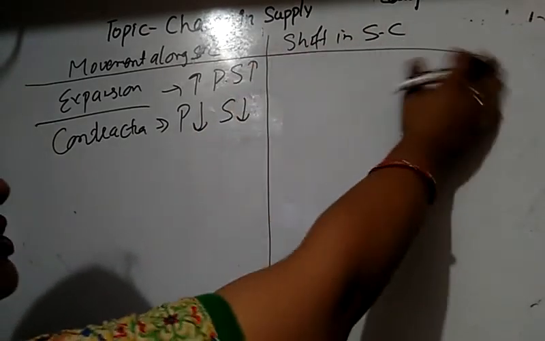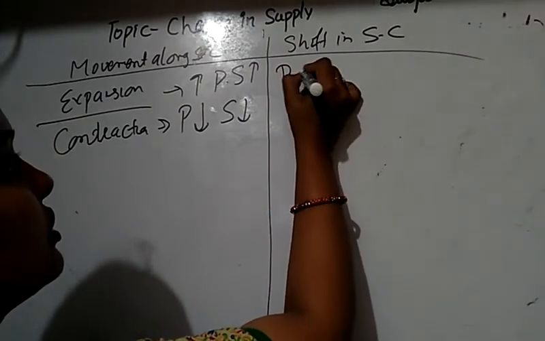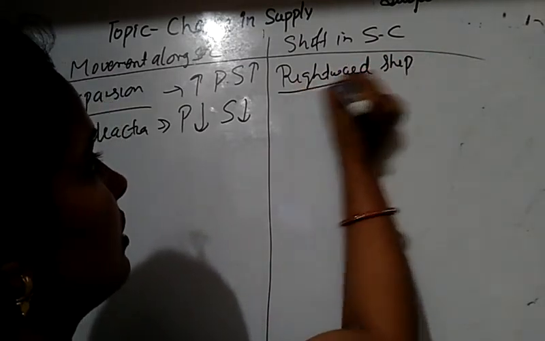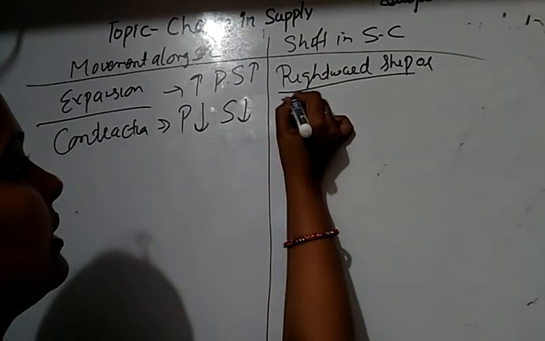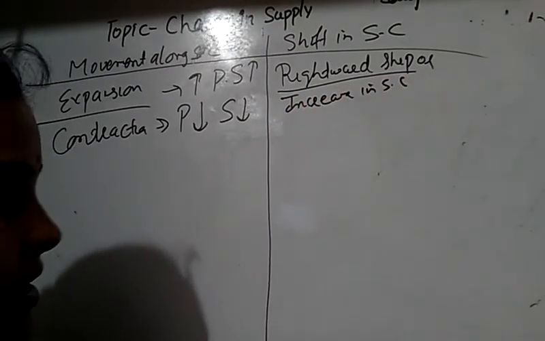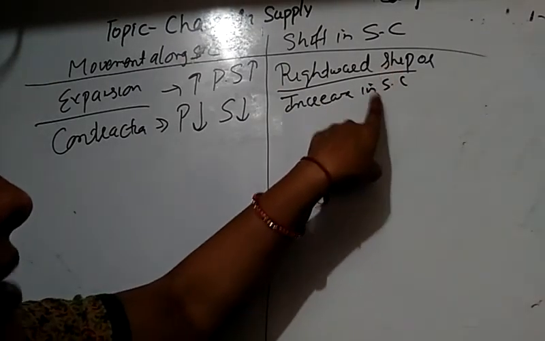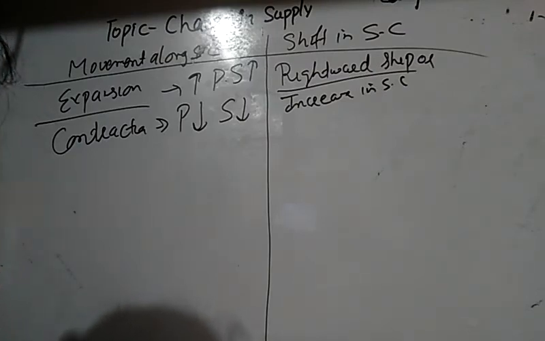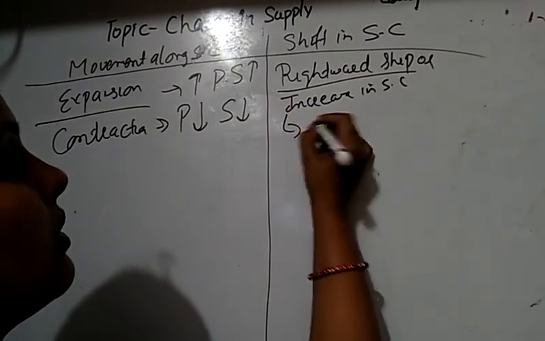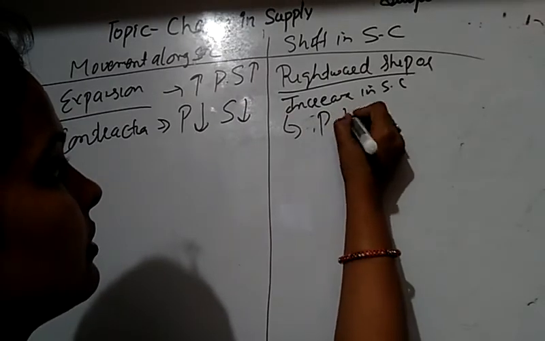Okay students, now shift in supply curve. We discuss shift in two types. The rightward shift, or increase in supply. Why is the supply curve increased? Because of favorable changes in other factors.